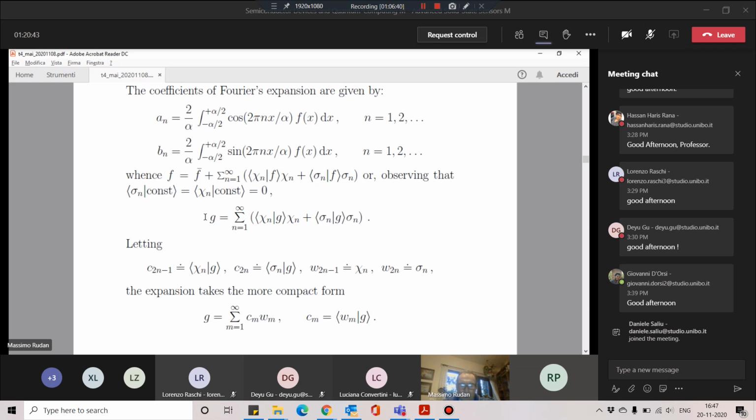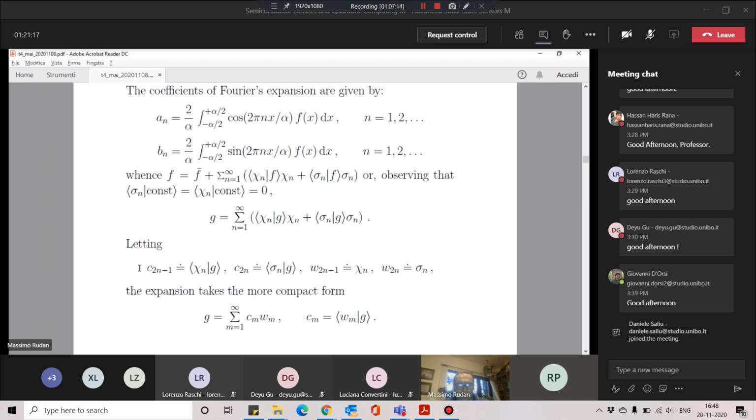So we can use these other symbols. We call W2n, you can see it here, equal to sigma. That is, all the functions W of even order correspond to the sigmas, and all the functions W of the odd order, 2n minus 1, correspond to the chi functions.